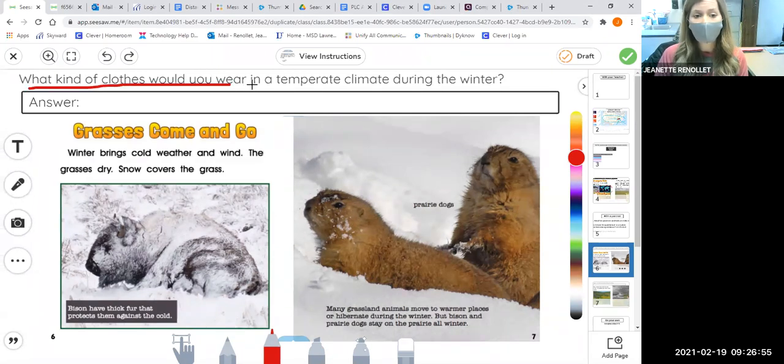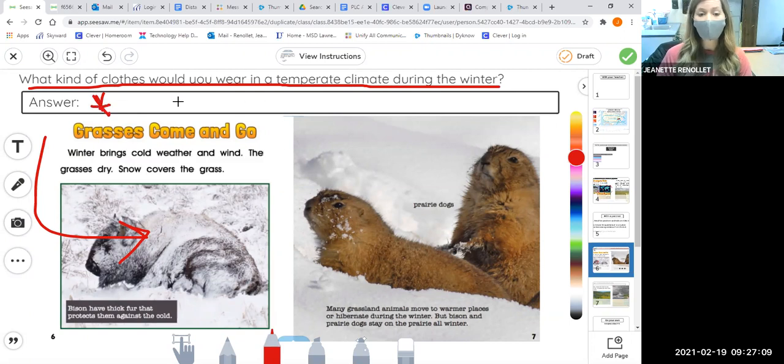Think about the question. Look for evidence in your text and type your answer. In your breakout room, you're going to do these steps together. Then we're going to come back and share out the answer to page number 6.